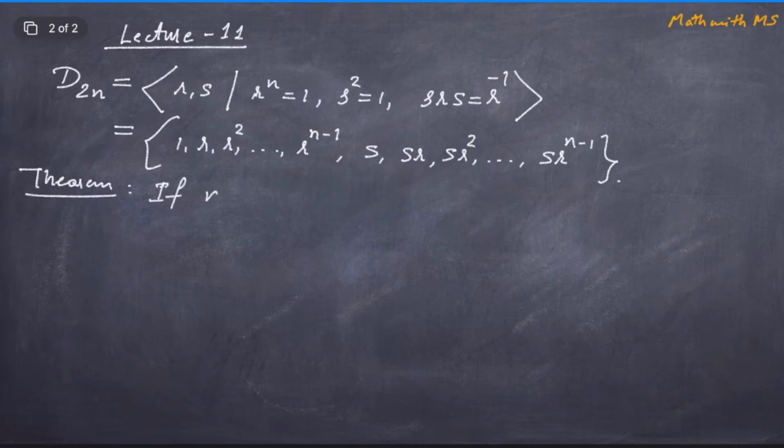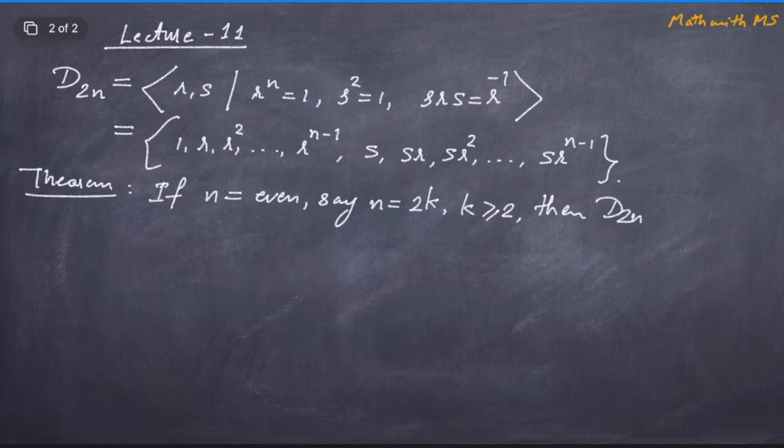If n is even, let us say n is equal to 2k, where k is bigger than or equal to 2, then D2n has k plus 3 conjugacy classes. Let us call this 1.